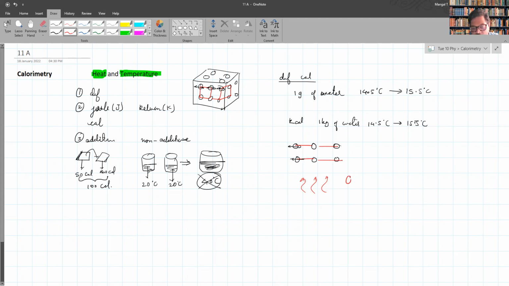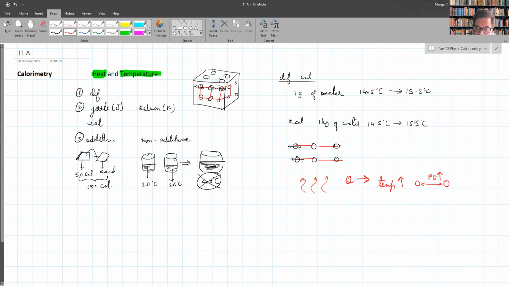So if you are supplying Q amount of heat, some of that heat is used for increasing the temperature, and some is used to increase the separation. Increasing the separation leads to an increase in potential energy, which means a change of state will happen.